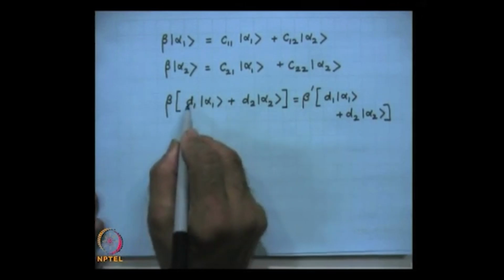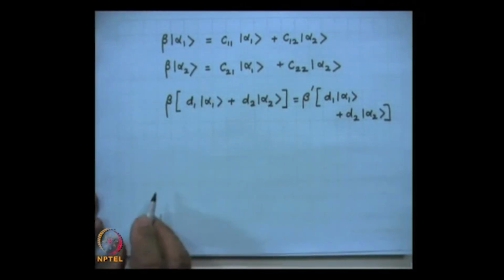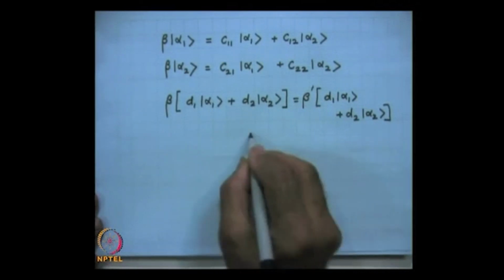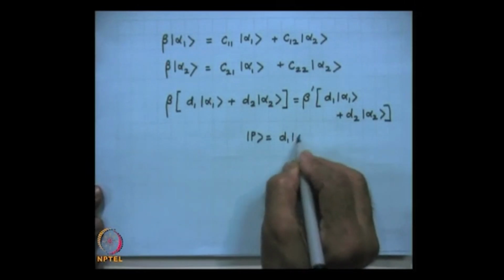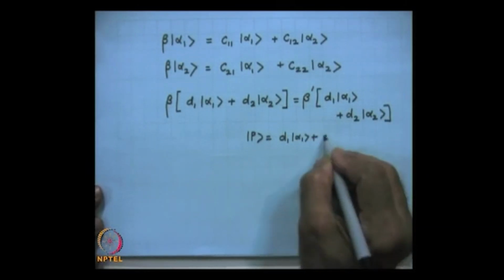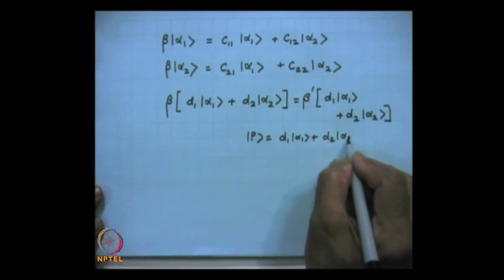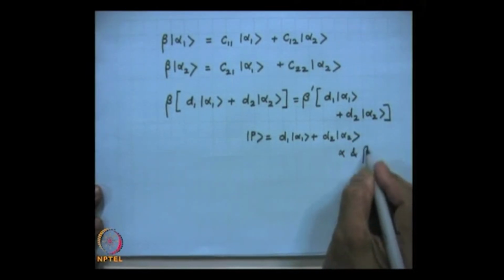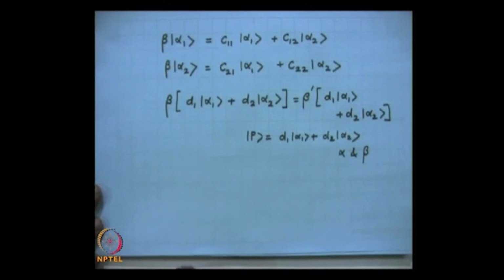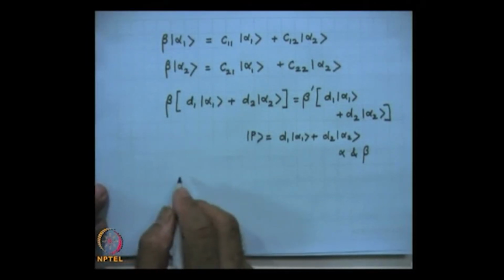So, here D1, D2 are just numbers. So, we are assuming that ket P, which is D1 ket alpha 1 plus D2 ket alpha 2, is a simultaneous eigenket of alpha and beta. So, let me work this out, then I will try to give you an example.